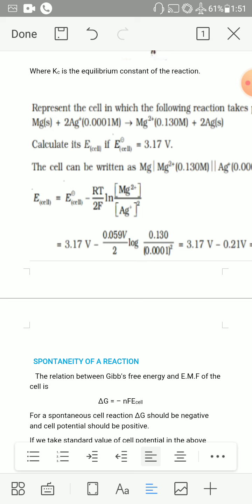According to the reaction, there is a 2 in front of Ag on the product side, so you have to write the square of the concentration of Ag plus. The concentration of Ag plus is 0.001 molar. That's why you have to square the value of 0.001 molar. Then finally you will get the value of E cell.